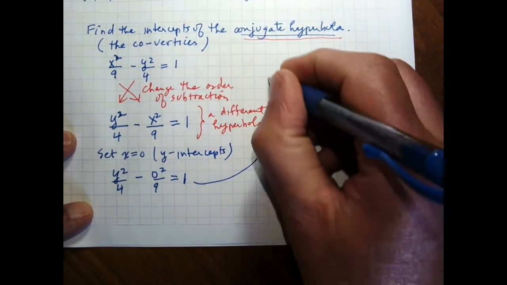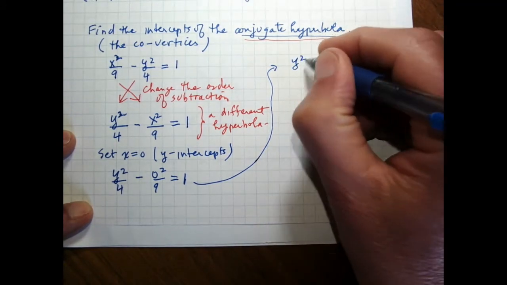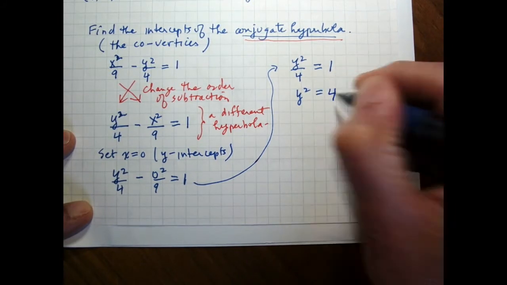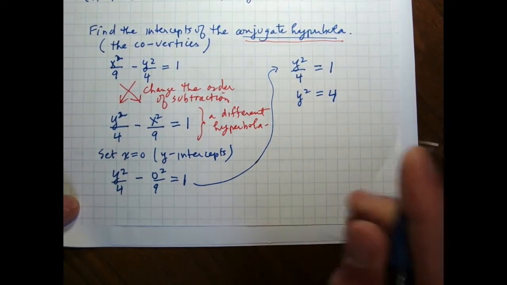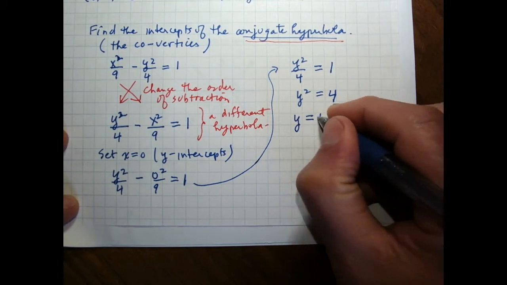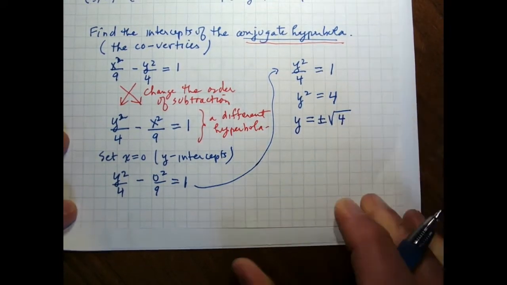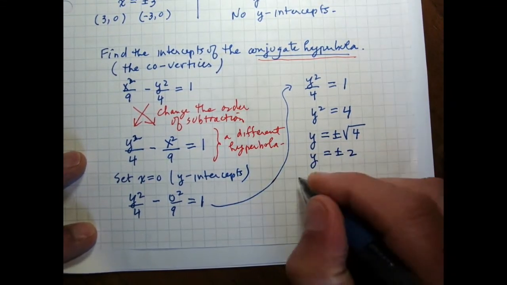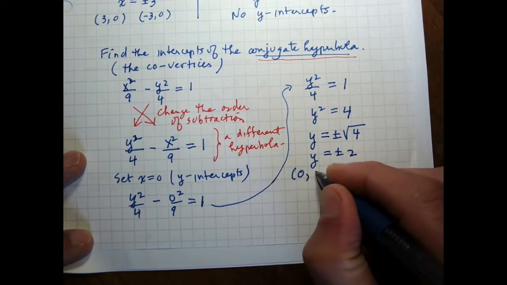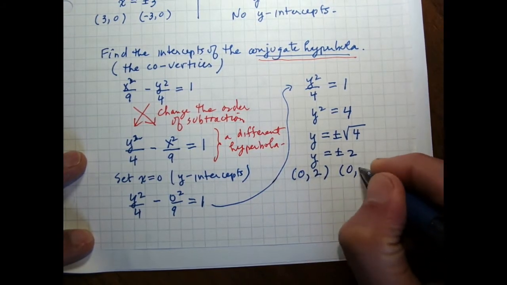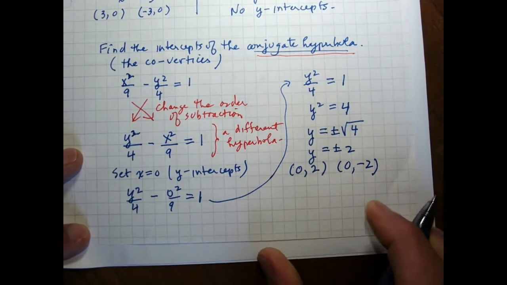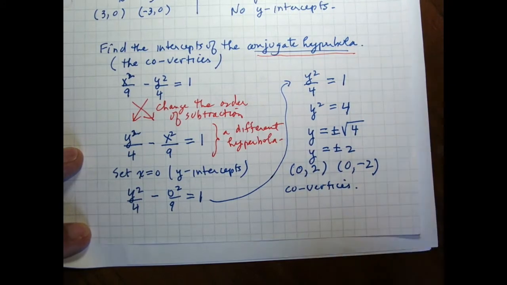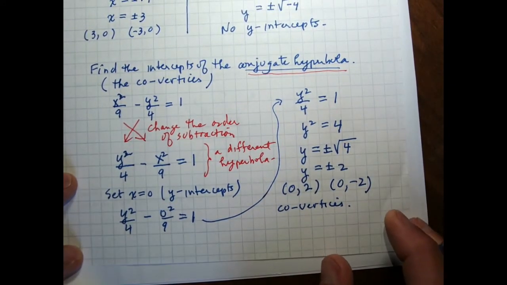I have y squared over 4 equals 1. y squared equals 4. Because I changed the order of the subtraction, I now get a positive 4 inside that square root, and I actually get y equals plus or minus 2. I get two solutions then, (0, 2) and (0, -2). Those are my covertices. They're the conjugate hyperbola vertices.